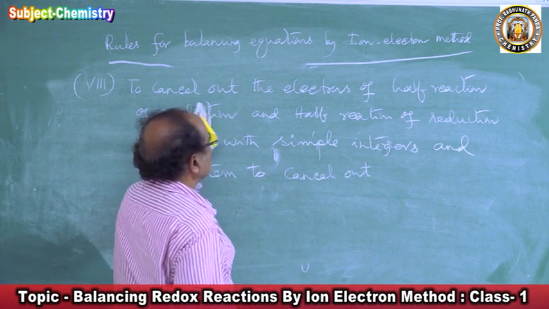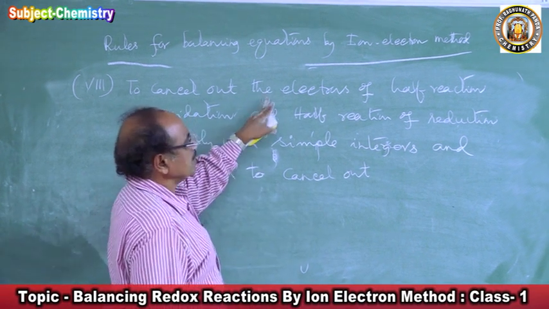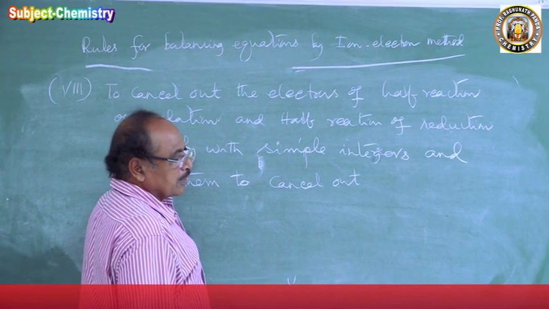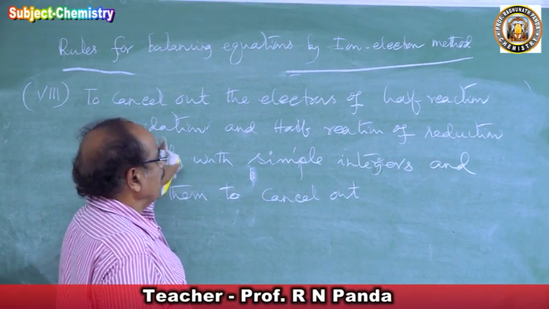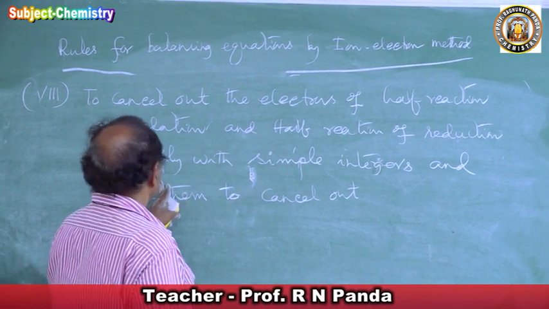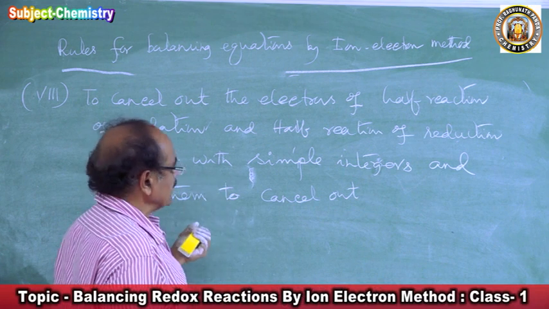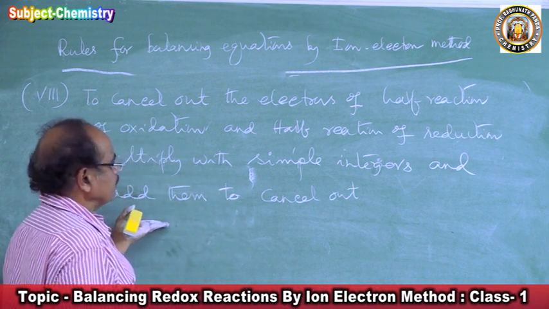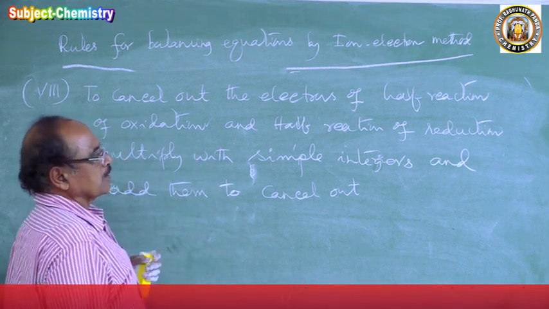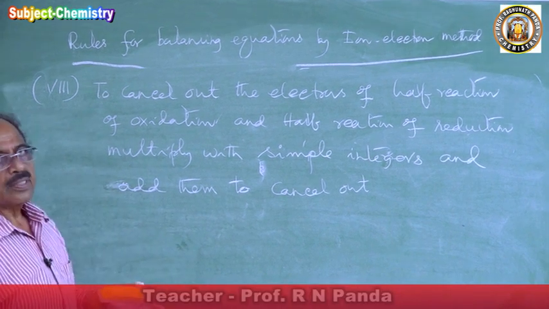So cancel out the electrons: during oxidation electrons are lost, and in the half reaction of reduction, multiply with simple integers and add them to cancel out. So that will complete your reaction.